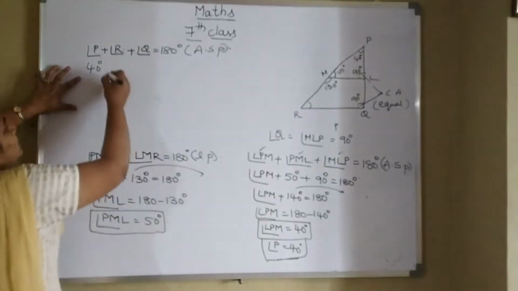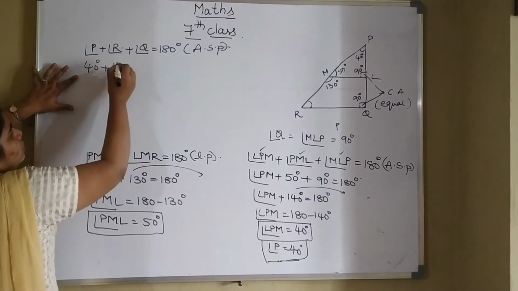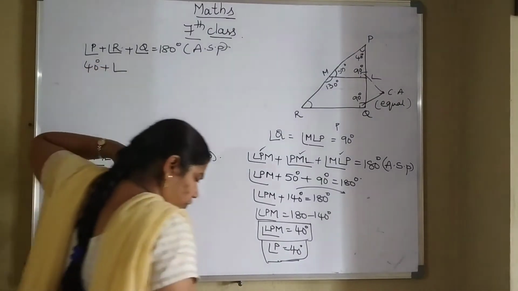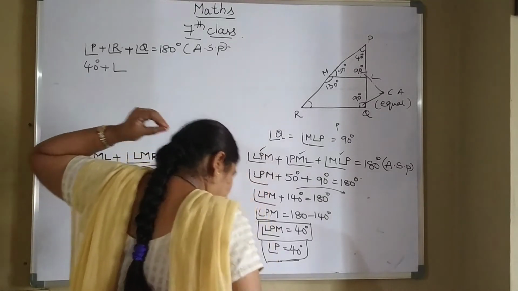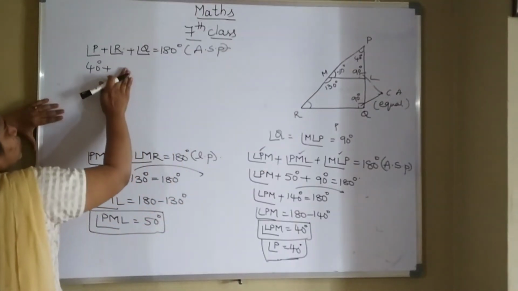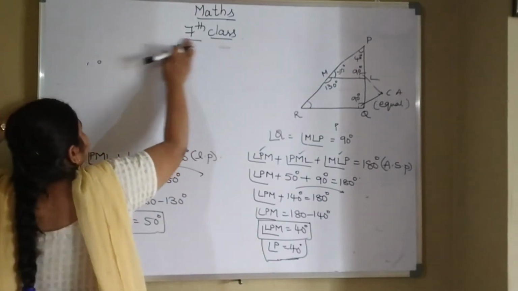Okay. Now plus angle R we don't know. Angle R we have taken in the form of PRQ. You substitute in the form of 3 alphabets only here.